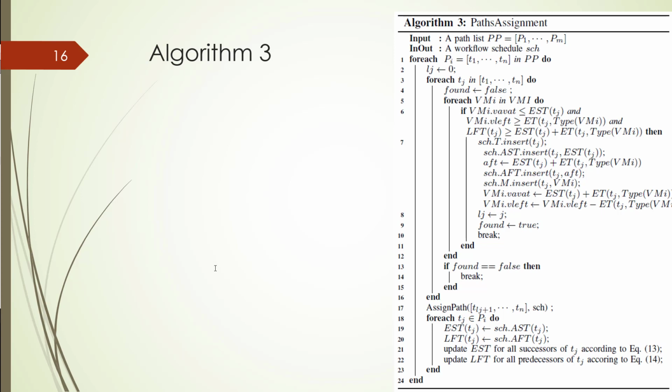We schedule it and insert the task into it, and we assign to the schedule the actual start time, the EST of Tj, and we assign the AFT as the EST of Tj plus ET, the estimation time of Tj using virtual machine type I. Then we add the actual finishing time of Tj with the AFT, and we insert into the M sets. We insert the task Ti and assign it to the VMI.